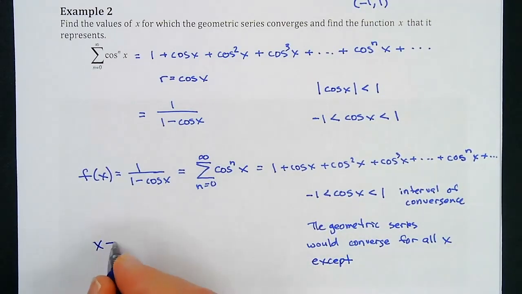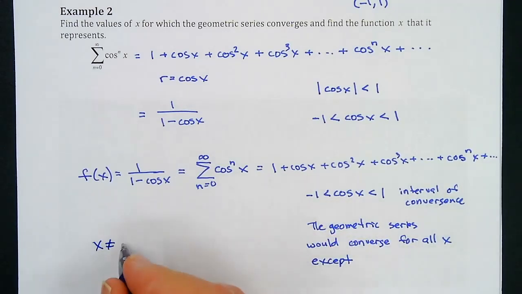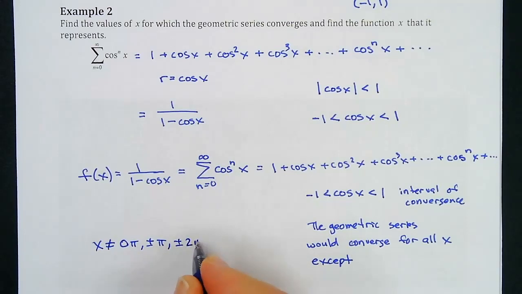Well, where cosine x is either -1 or 1 is at 0 pi, 1 pi, so plus or minus pi, plus or minus 2 pi, plus or minus 3 pi. That's everywhere where the graph of cosine x is reaching -1 or +1. So it can't be any of these.